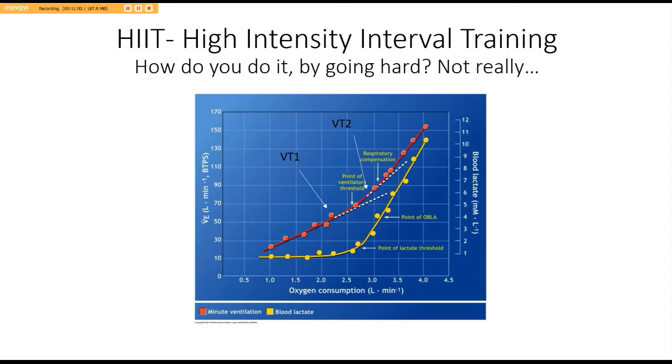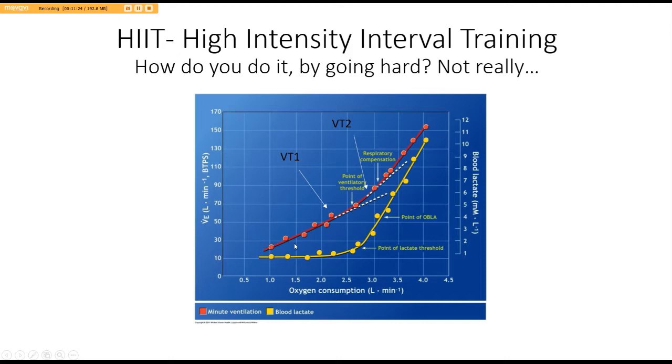This graph in front of you is a graph of a VO2 max test. In this test, the individual may have completed a graded exercise test where they would start out at, say, 100 watts. Every 3 minutes it would increase by 35 watts.